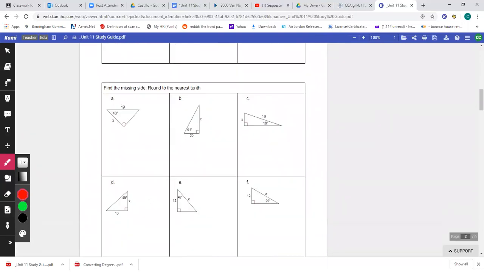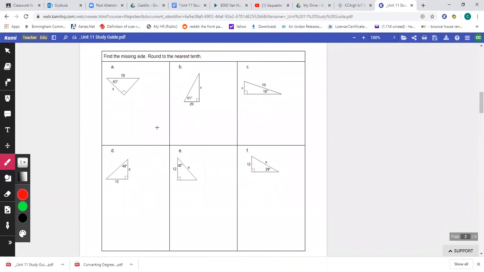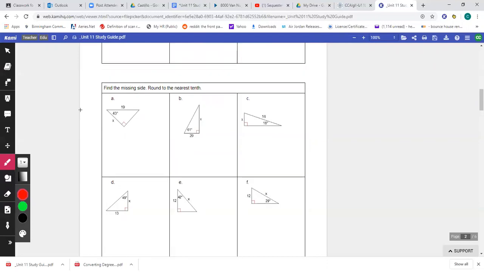So now let's look at these problems. Now they give you one angle and they give you one side. Whenever they give you one angle and one side, you know that this is Sohcahtoa, right? So I'm going to write Sohcahtoa here just so that we have it.